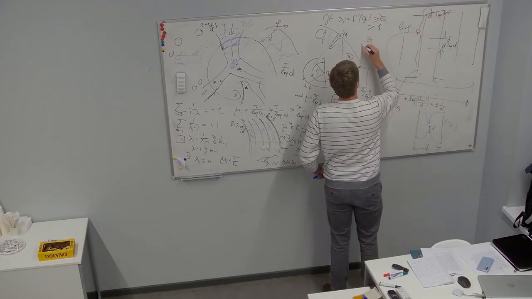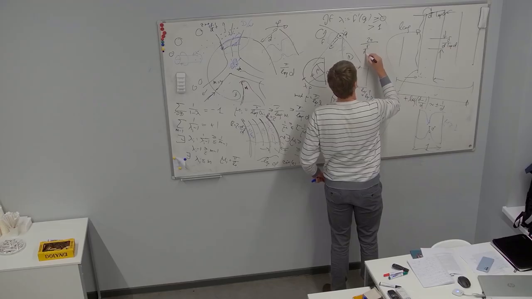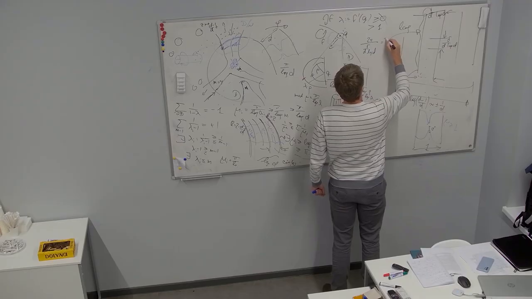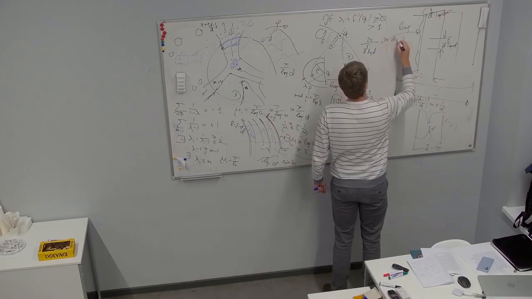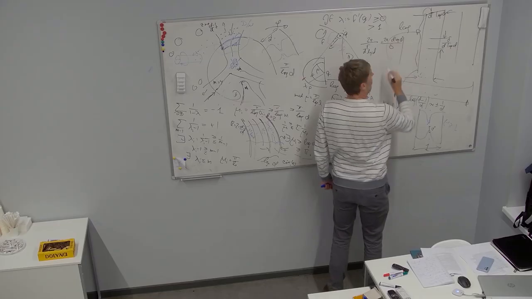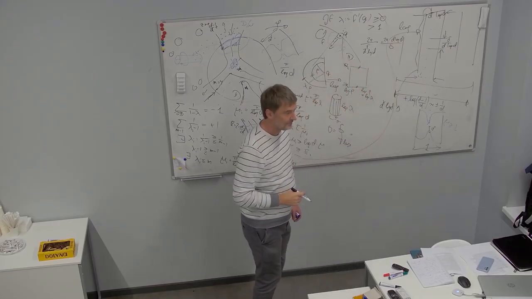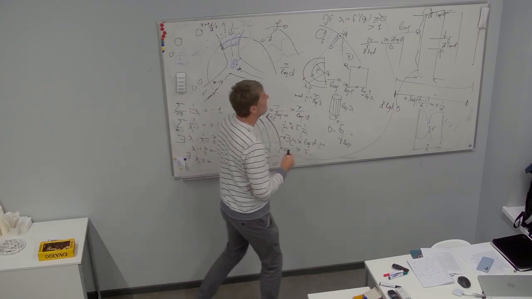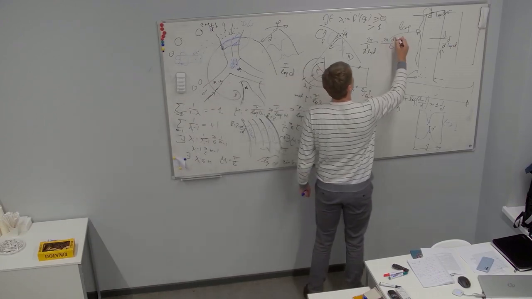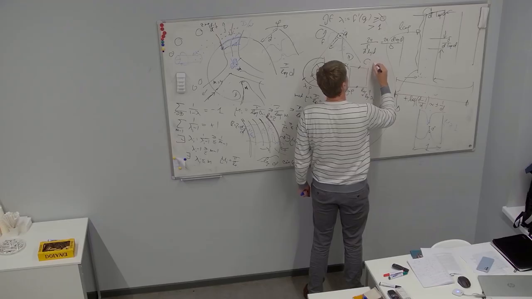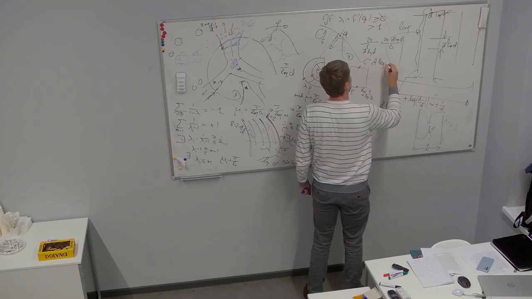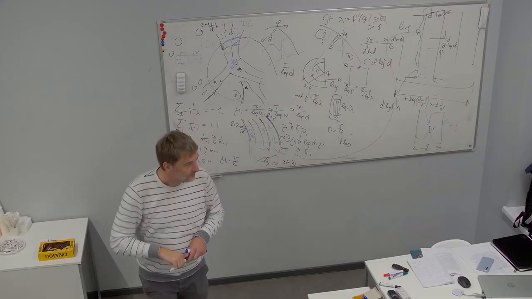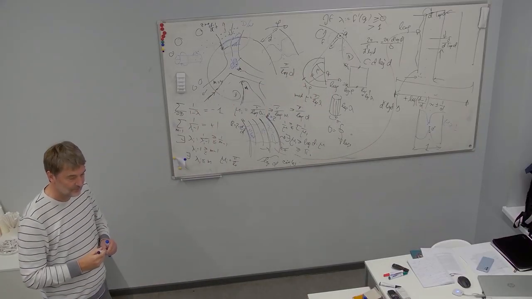So the number of points that we have here is 2 pi divided by delta over d log d, and that is 2 pi d log d over delta. And of course, we have log d circles. So the number of points is constant times d log squared d. That's the theorem.